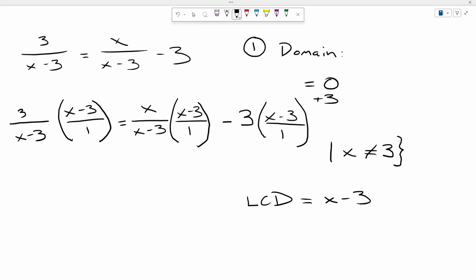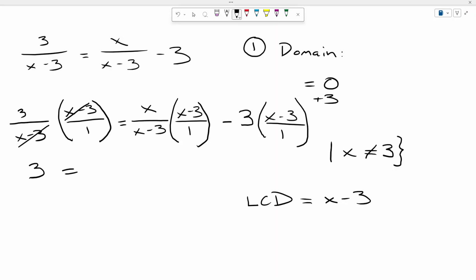Okay. So now it's a little easier to visualize how this is our LCD and we can use it to clear out the fractions. Because now when we take this times this, we have an x minus 3 in the numerator and the denominator, so they will cancel each other out, which just leaves us with 3 over 1, which is just 3.